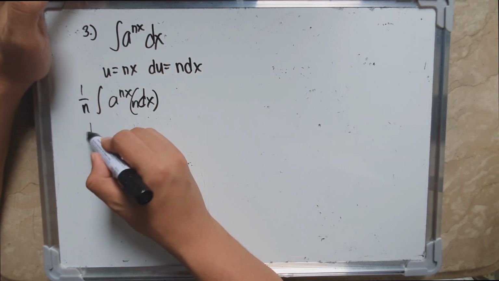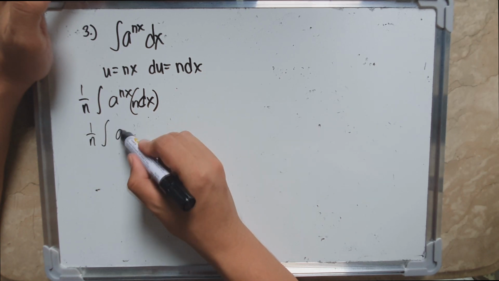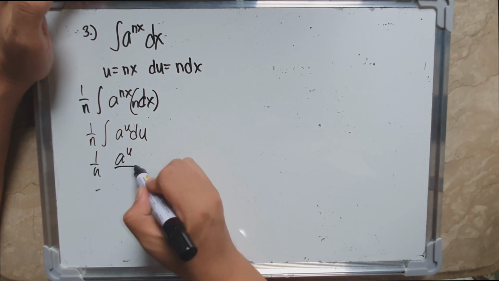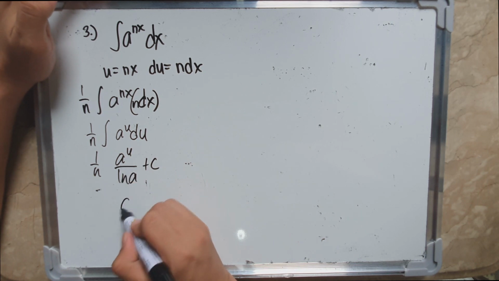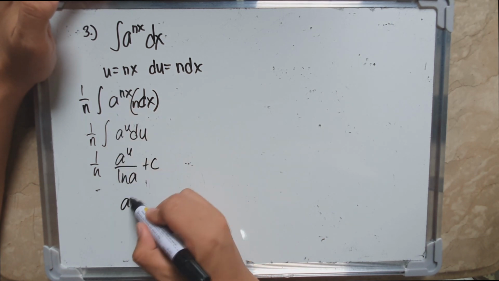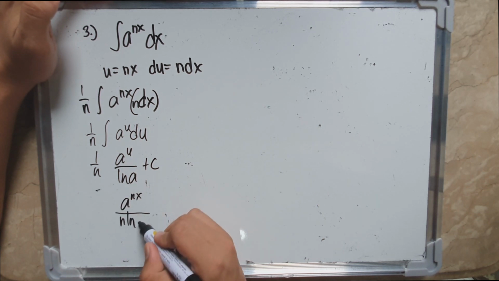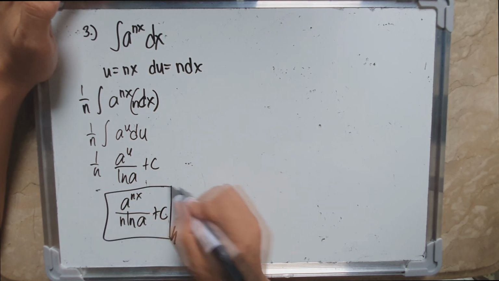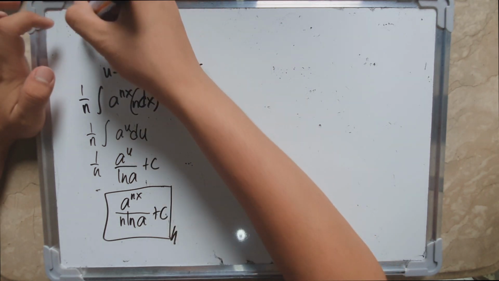Now this is now the form 1 over n, integral of a to the u du. 1 over n, a to the u over ln of a plus c. We have a, the u is nx whole over n ln of a plus c.